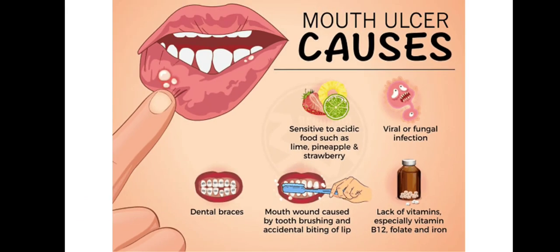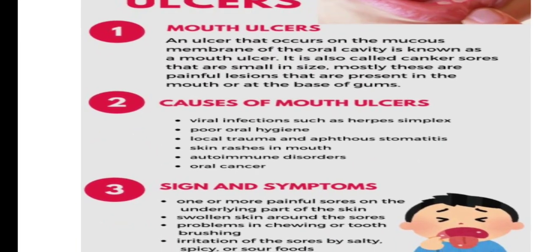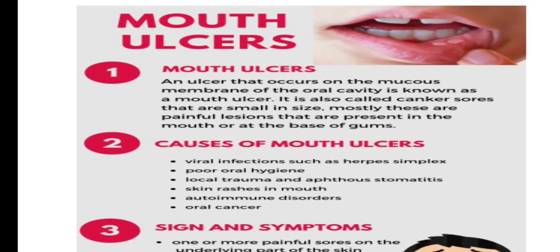Now we are going to discuss the signs and symptoms. An ulcer that occurs on the mucous membrane of the oral cavity is known as a mouth ulcer, and we can also call it a canker sore, because there is too much pain in it, and there is also swelling and inflammation.